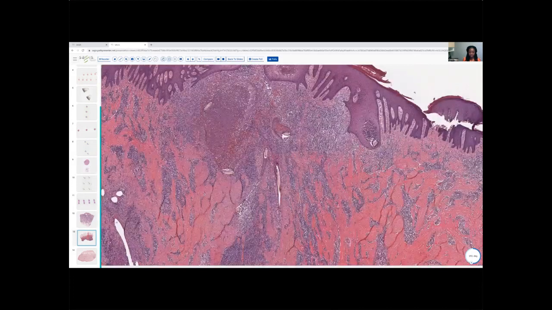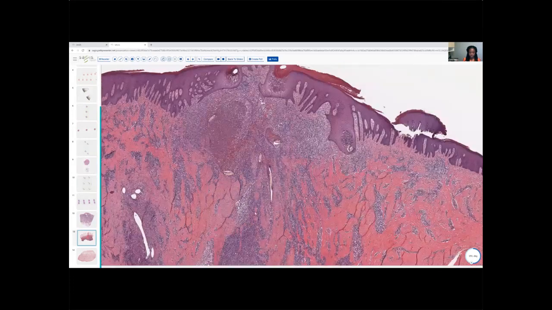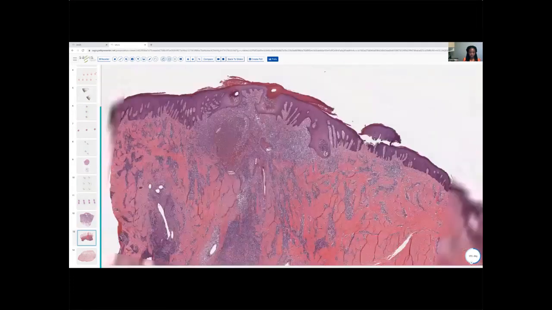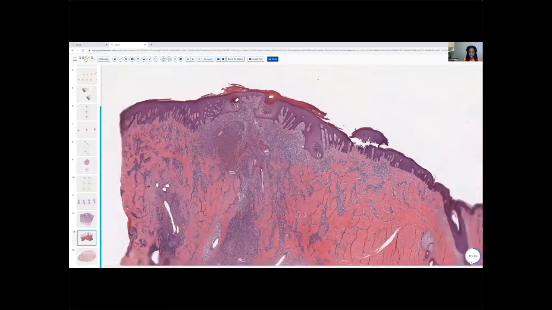And look at these free hairs that the inflammation is surrounding.